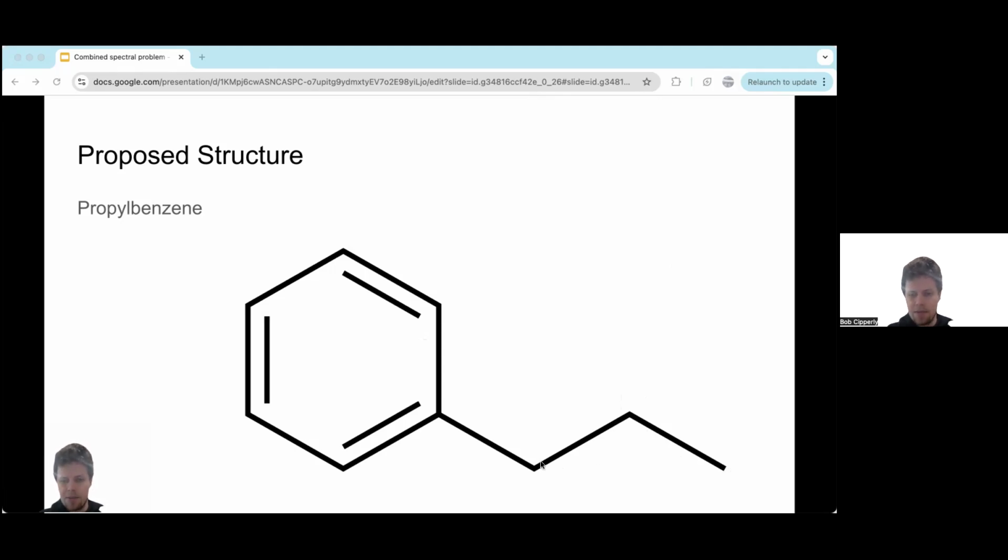And then the next one over was a triplet, and it only had two neighboring hydrogens here. And then that signal around 7 or 8 with an integration of 5 was a multiplet. There's 1, 2, 3, 4, 5 hydrogens, and those were all on the ring. So that's my proposed structure, and thank you for watching.